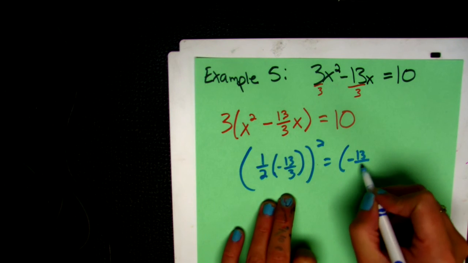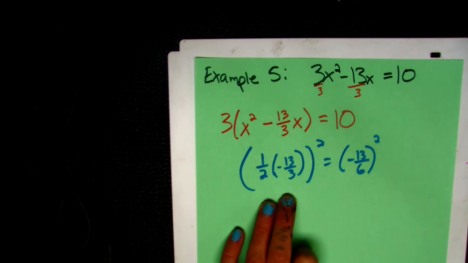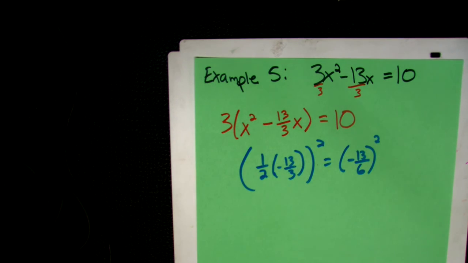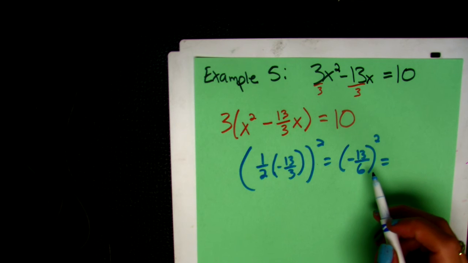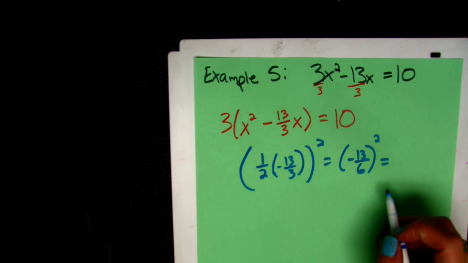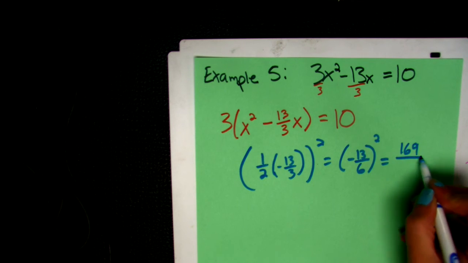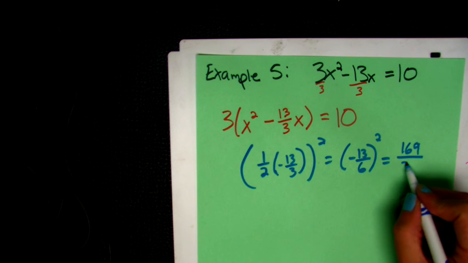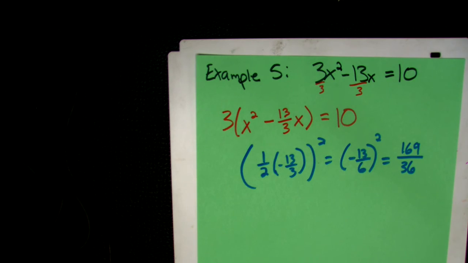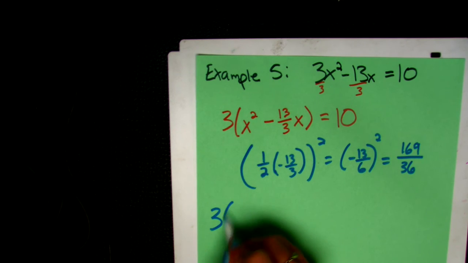So that becomes -13/6 squared, which is 13/6 squared. First of all, it's going to become a positive. And so that's what I need to add to both sides.